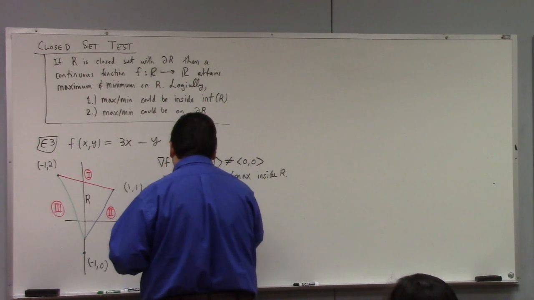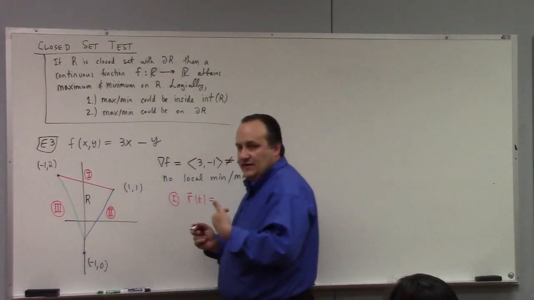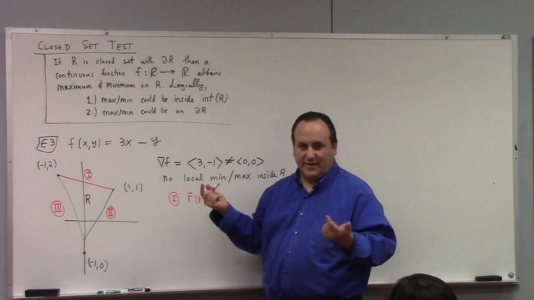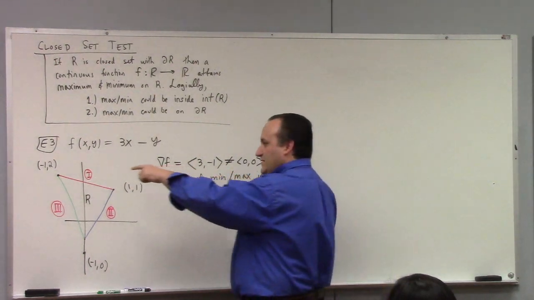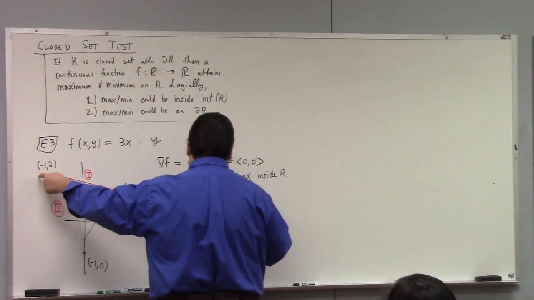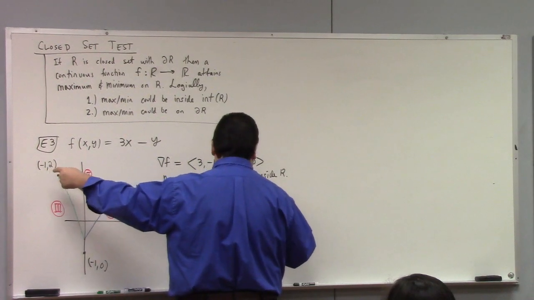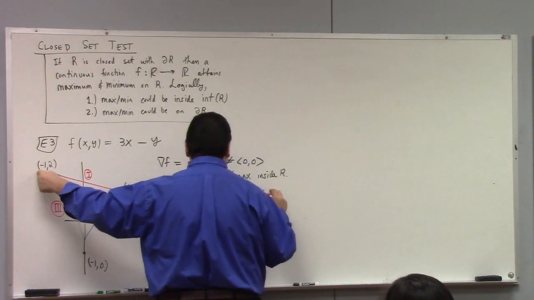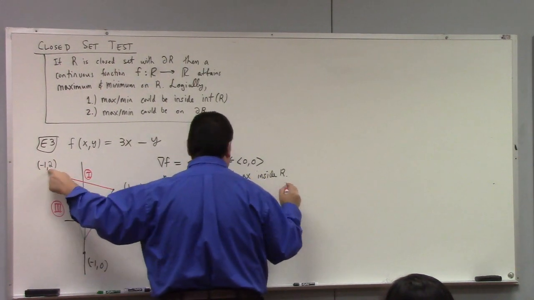R of t is what? It doesn't really matter what orientation, whether you go left to right or right to left. So which one do you want to take to be the initial point? I'm going to take -1, 2 to be the initial point. And then I'm going to do t times what? 1 minus -1, which is 2. 1 minus 2, which is -1.